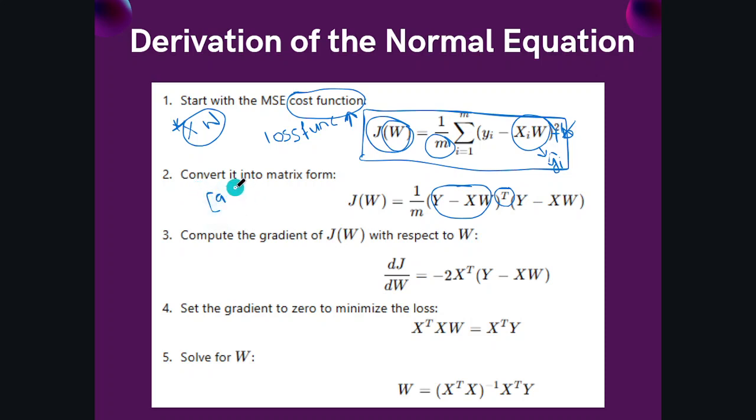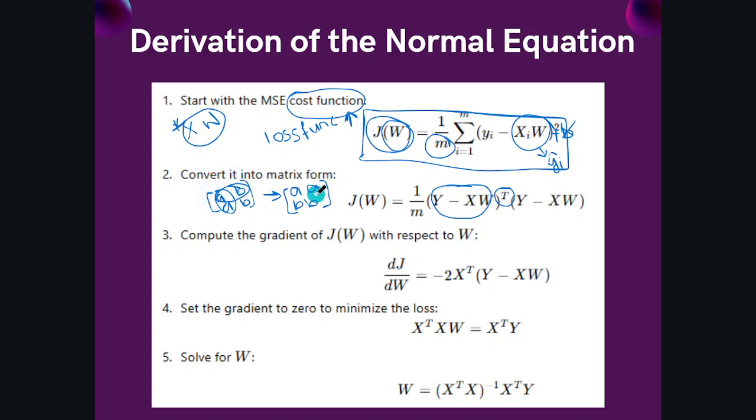For example, I am taking this 2 by 2 matrix: 2 rows, 2 columns, with entries A, B, A, B. The transpose of this matrix will be like this: A, A, and B, B. Basically, in the transpose of a matrix we replace the rows by columns and columns by rows, right?